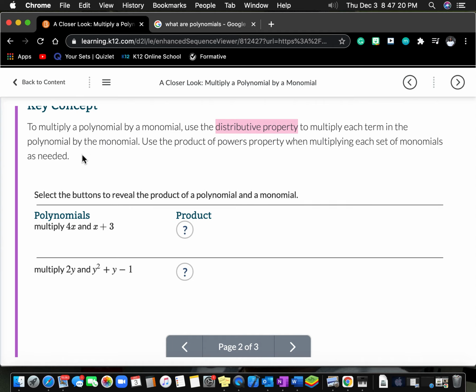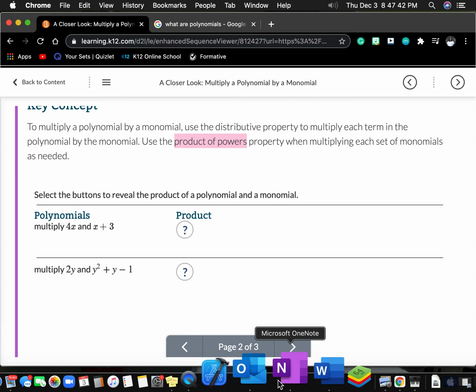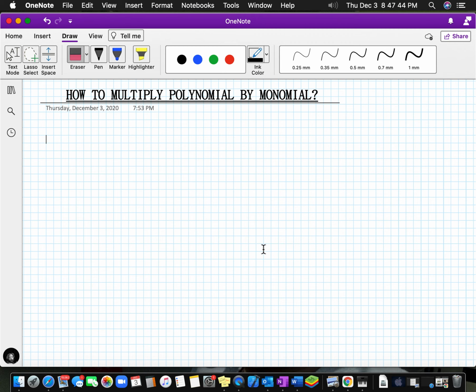If you don't know how to do the distributive property, that's okay, because when I get to my example, I'm going to show you exactly the difference between how you would usually do it and how to do it in this equation. Not only that, we're also going to use the product of powers, which I will also show you in the example. So let's get right into it.